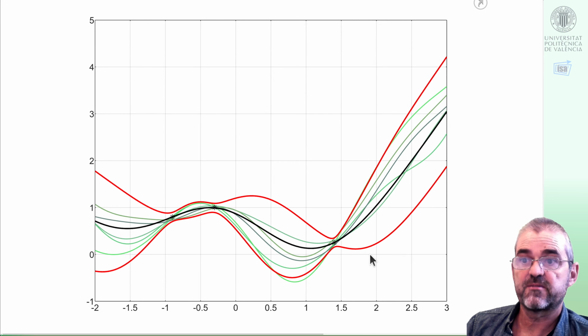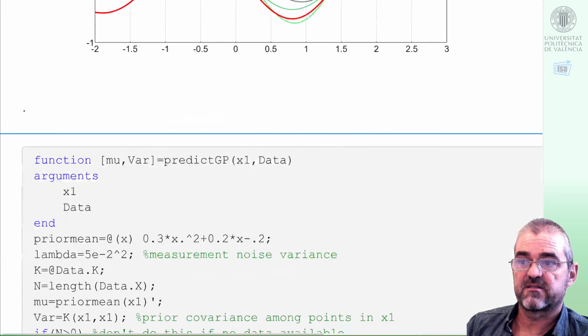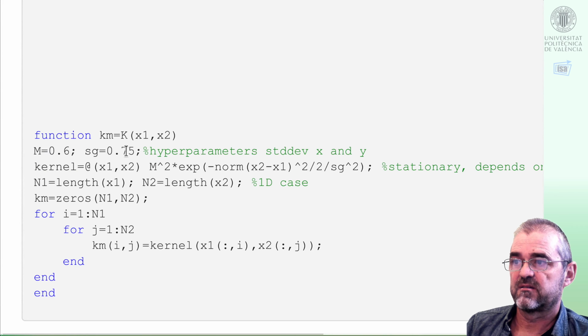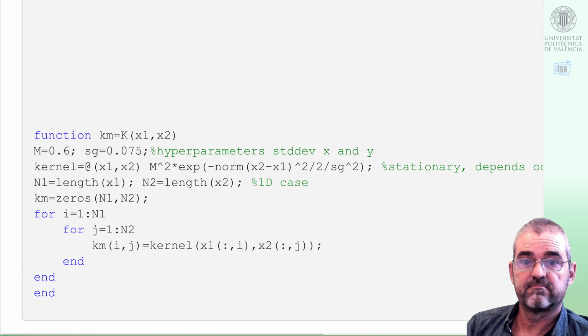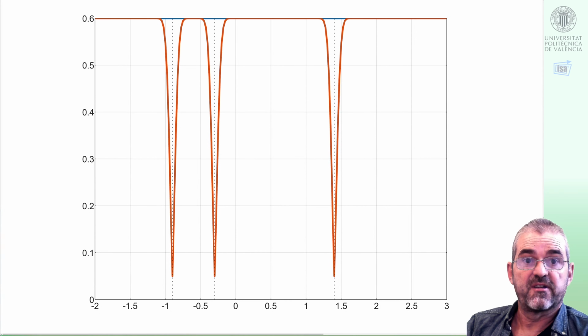And if we wish to understand the meaning of correlation distance, if we think that the correlation distance is 10 times smaller, well, then the interval in which measurements are useful to predict velocities at other points gets much narrower, 10 times narrower.